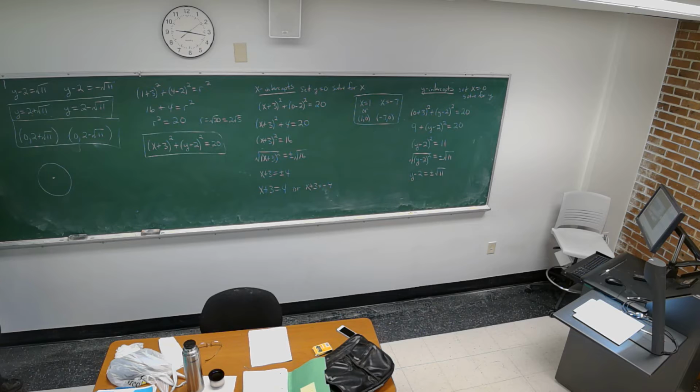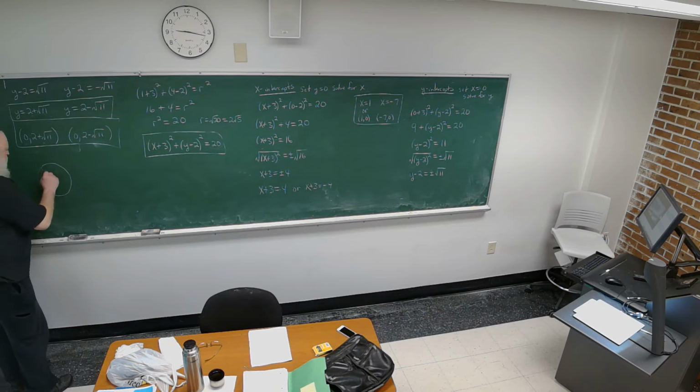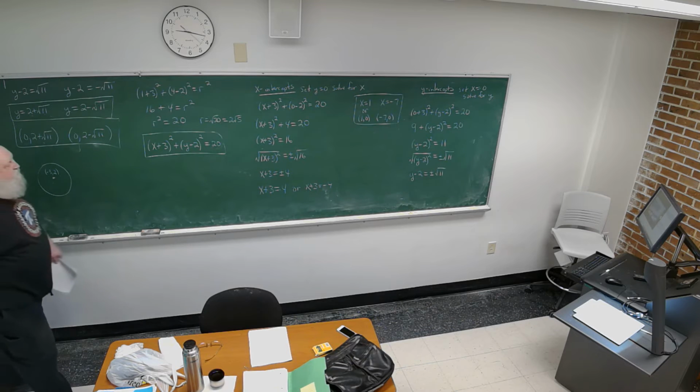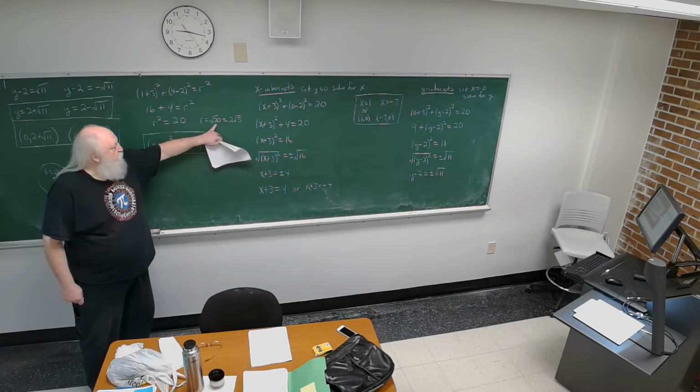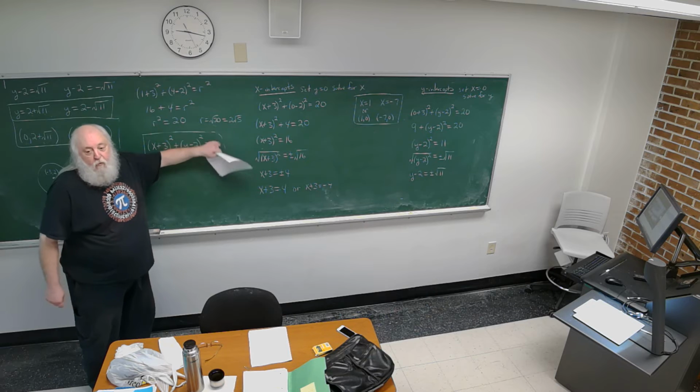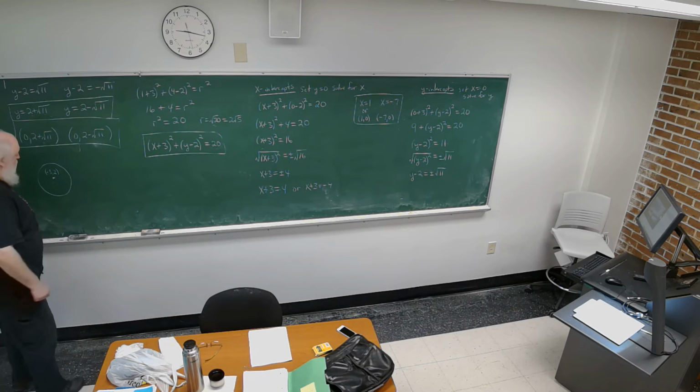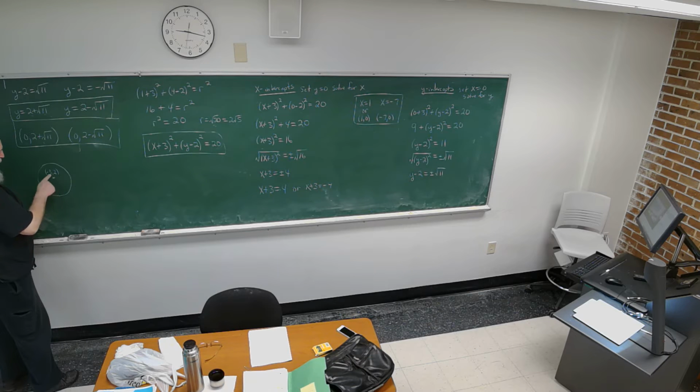Okay. So we know the location of the center of this circle is at minus 3, 2. And the radius is square root of 20, which is about 4.4. Okay. So the distance from the center, this is x equals minus 3, so the distance from the center to the edge of the circle is 3 units.